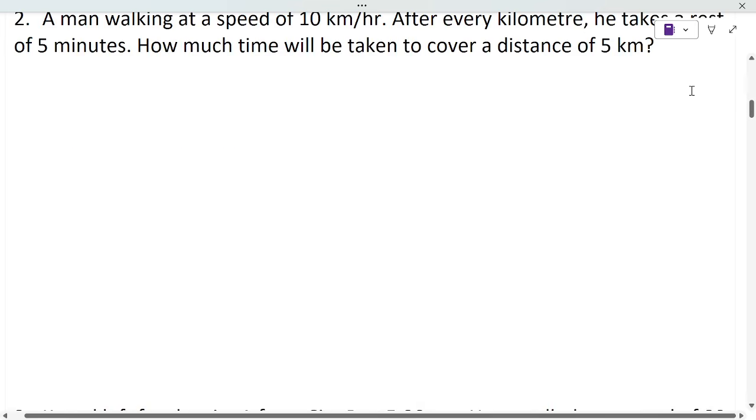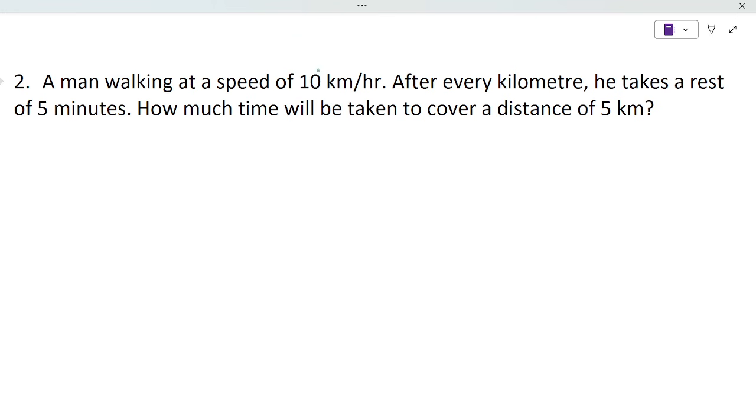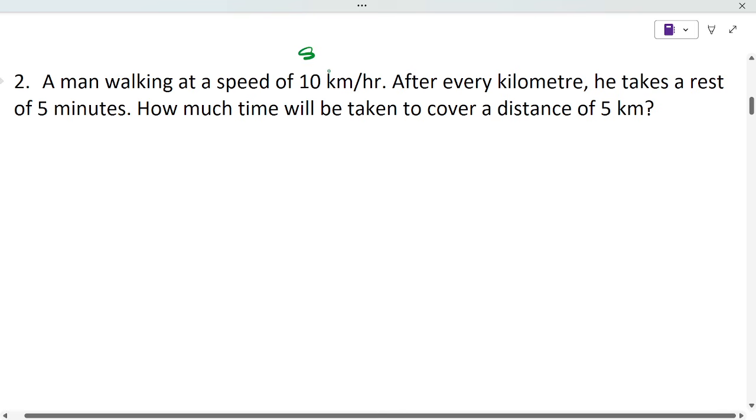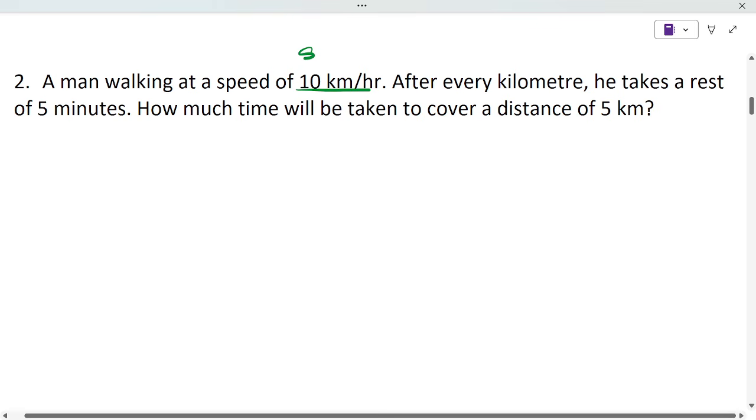Alright. Next one. A man walking at a speed of 10 kilometer per hour. So speed is here, 10 kilometer per hour. After every kilometer, he takes a rest of 5 minutes. So according to the question, every kilometer taking a rest of 5 minutes. If he travels for 1 kilometer, then 5 minutes rest. The another kilometer, 5 minutes rest.